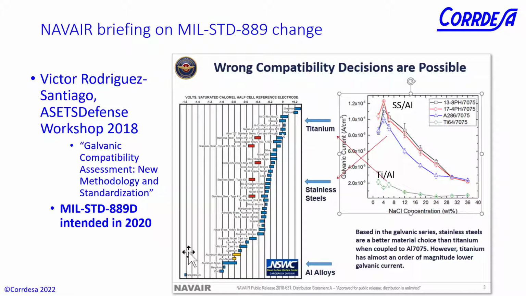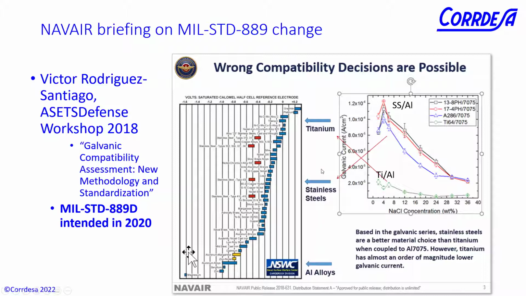So in a scenario, for instance, where in maintenance they use stainless steel fasteners, if you look at the old Mil Standard, it would suggest that that's a good choice, because the potential difference between your stainless steel fasteners and an aluminum structure is smaller than the potential difference between, say, titanium and the aluminum structure.